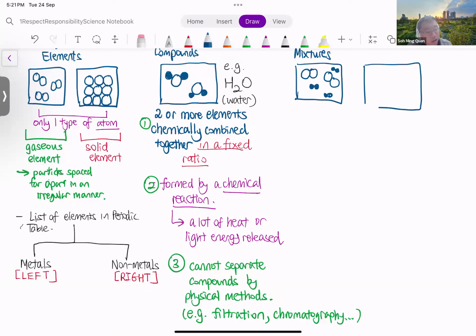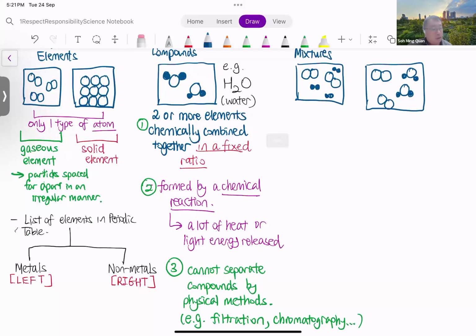Another example of a mixture could also look something like this. Okay, so I've drawn two different types of mixtures for you. However, they are still mixtures.